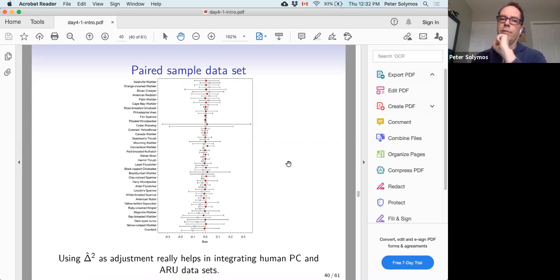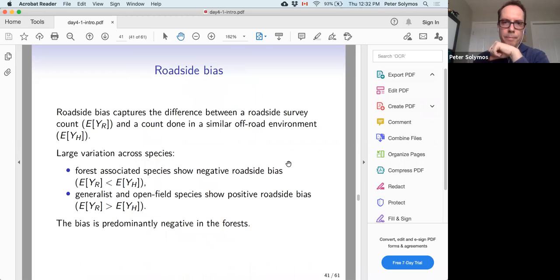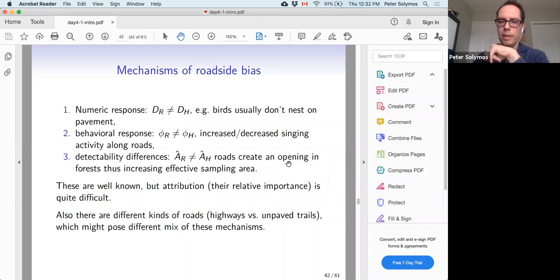When you don't have that information, then you're looking at something else, and I don't have a clear answer how to best integrate that. Roadside bias is another important question, but this is really complicated. It's so complicated that we don't even have the data to come up with any answers, or very limited data is what we have, because on the road and off the road, density might be different.